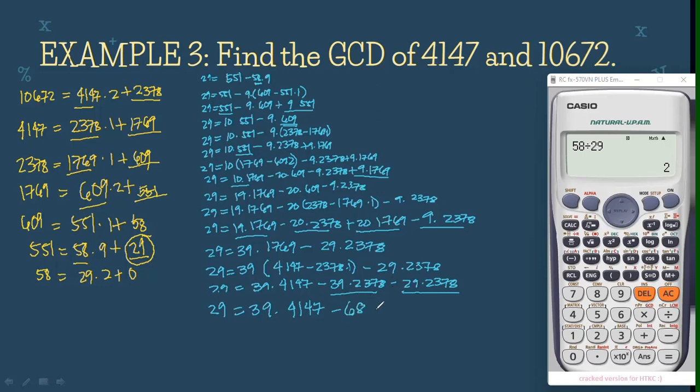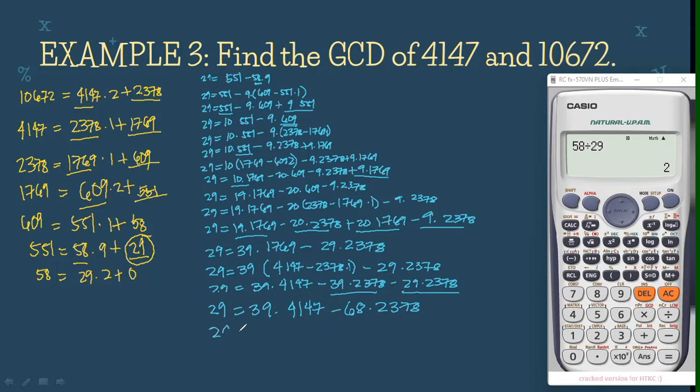So we have 68 here times 2,378. So meron na po tayong isa which is 4,147. Pero yun po 2,378 ay hindi po natin kasama sa problem. So ibig sabihin pwede pa rin natin siyang i-expand.